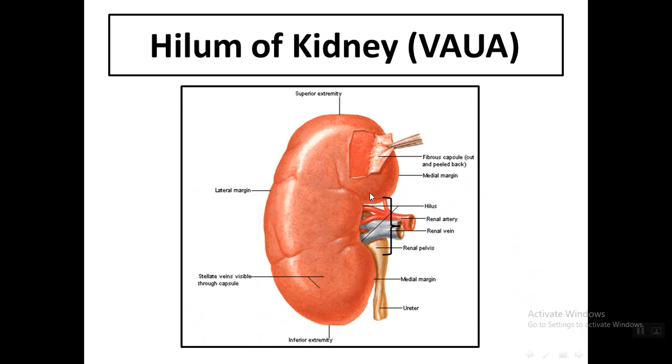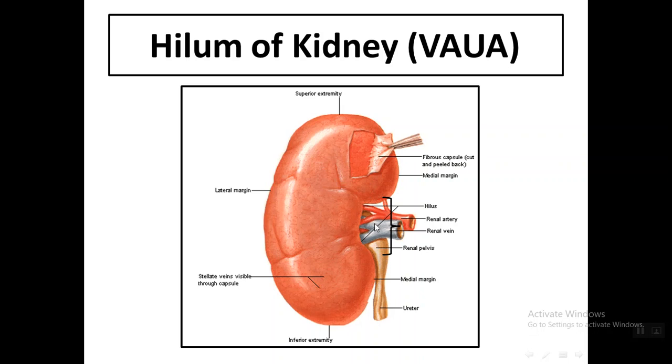The hilum of the kidney, as we said before: the kidney in general has a convex lateral border and a concave medial border. From the concave medial border we have the entrance and exit of certain structures. This site is called the hilum.